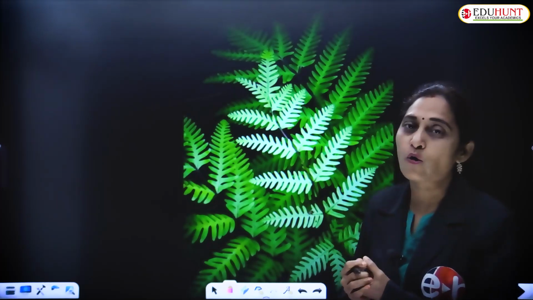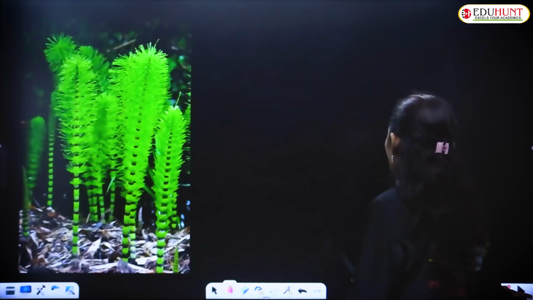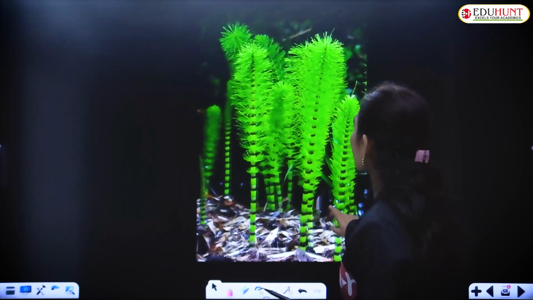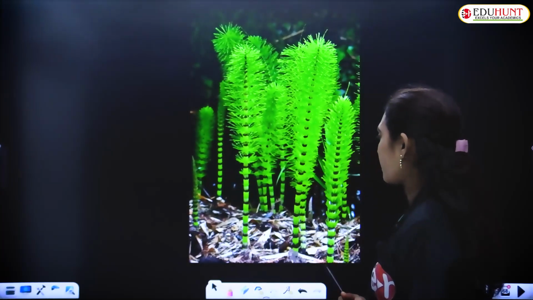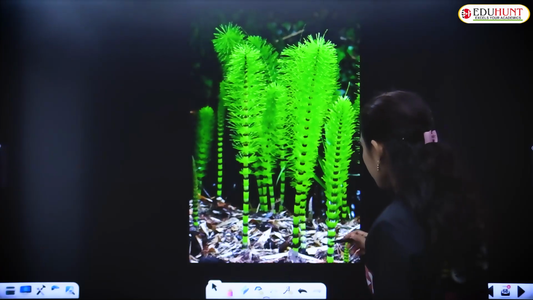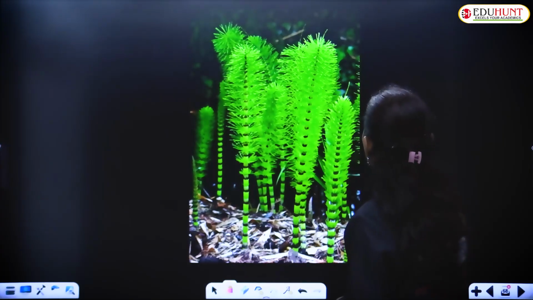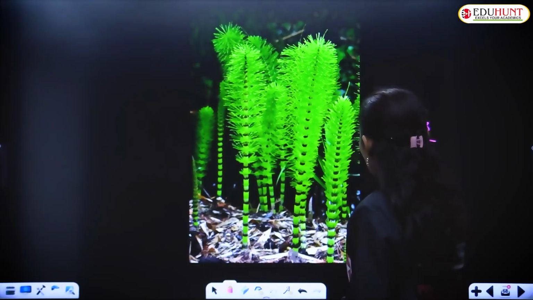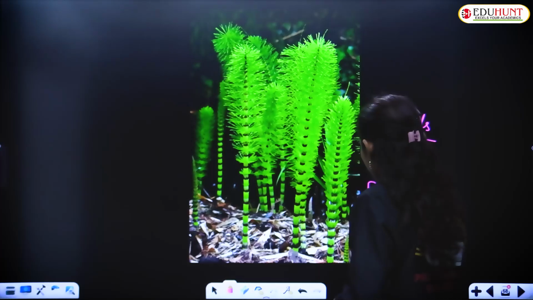They are called sporophylls. This is again Equisetum. This Equisetum is called horsetail.